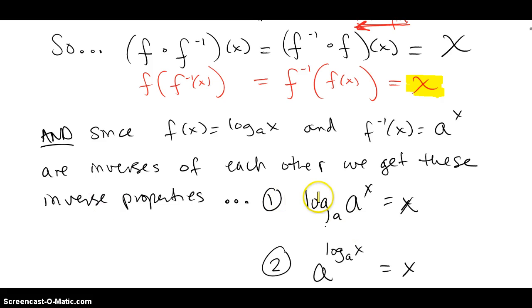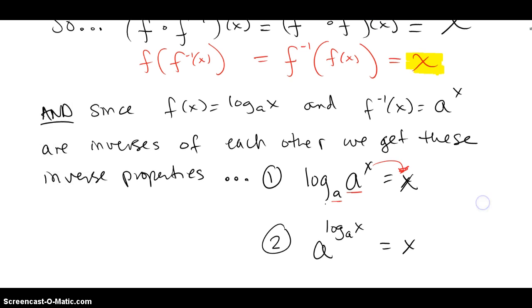Property 1 says that log base a of a to the x gives me a value of x. In other words, if your base and your argument's base are the same, the answer that pops down is always just an x. And these help us evaluate some more logs without having to deal with a calculator.